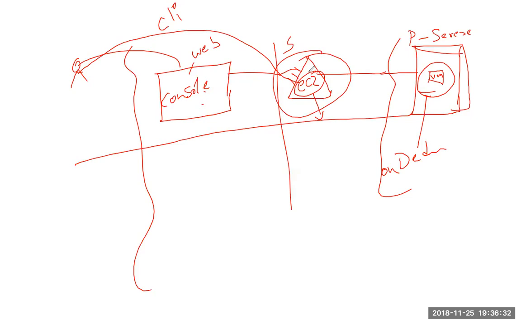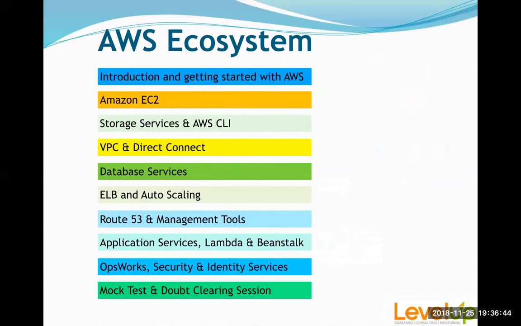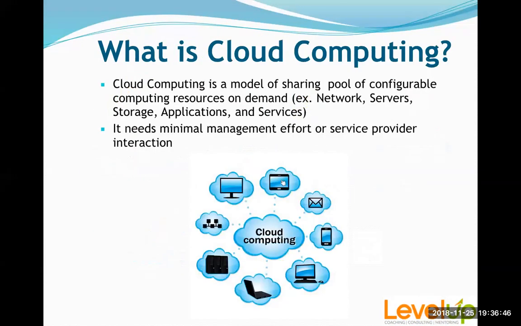Okay. Now let's see what the definition is here. It says cloud computing is a model of sharing a pool of configurable computing resources on demand. So whenever there is a demand, I share or I create.